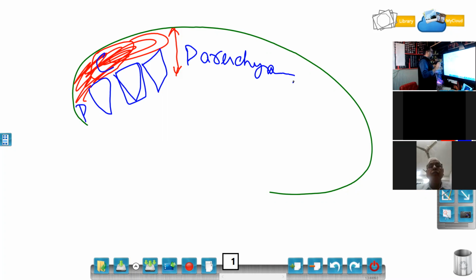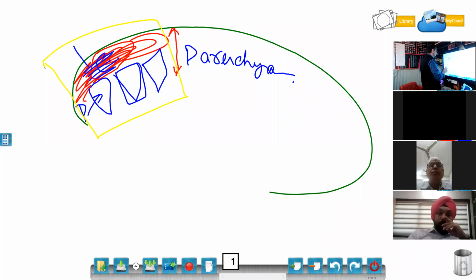Now, which will be more echogenic, this pyramid or this cortex? Of course, the cortex. But when you are seeing on ultrasound, if the patient is not very thin, you may not see these pyramids.